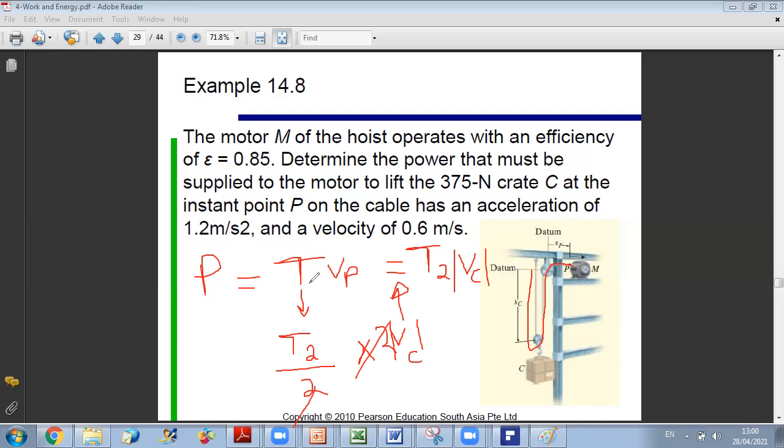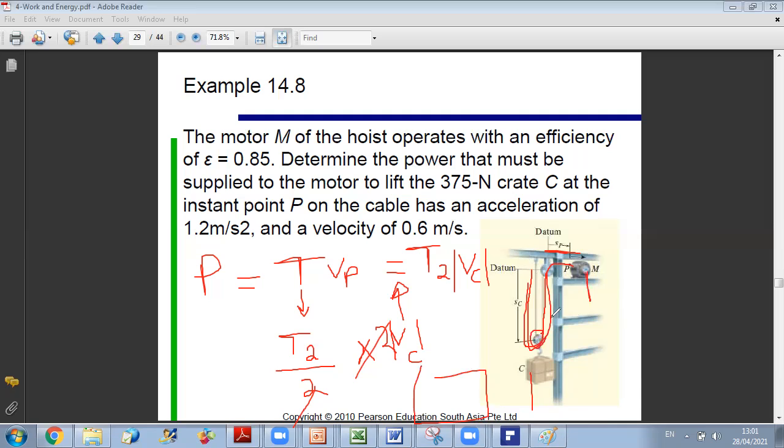And with a small tension applied, with a smaller tension you can lift a higher weight. So the more pulleys and connections we add, the more we can lift a very heavy weight with a very small force using this concept.